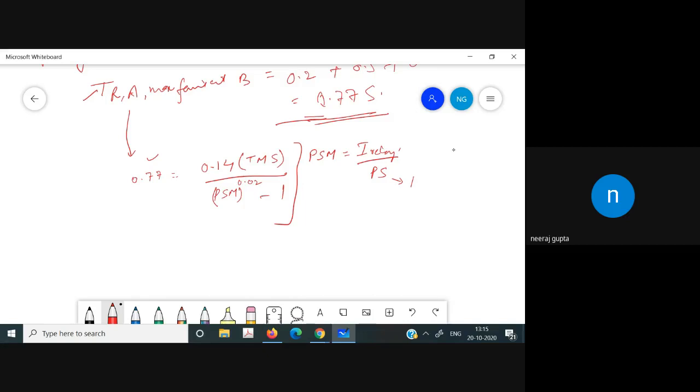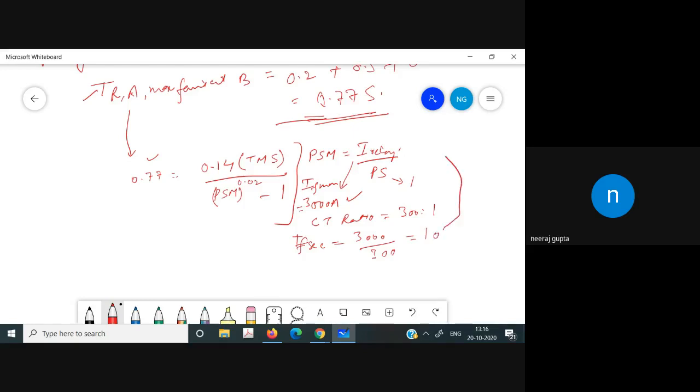Now, what is the value of the relay current? Since we have taken the maximum fault current as 3000 ampere, and the CT ratio in the case of A is 300:1, on the secondary side we will have 3000 divided by 300, which comes out to be 10.